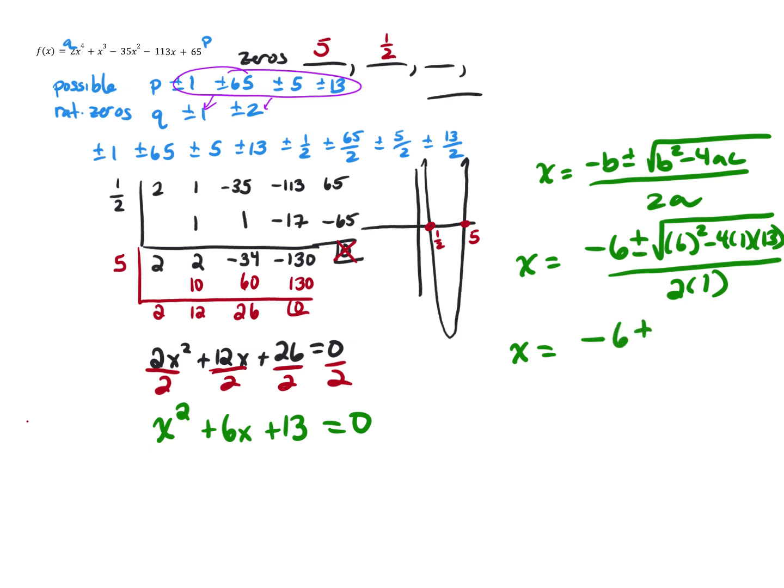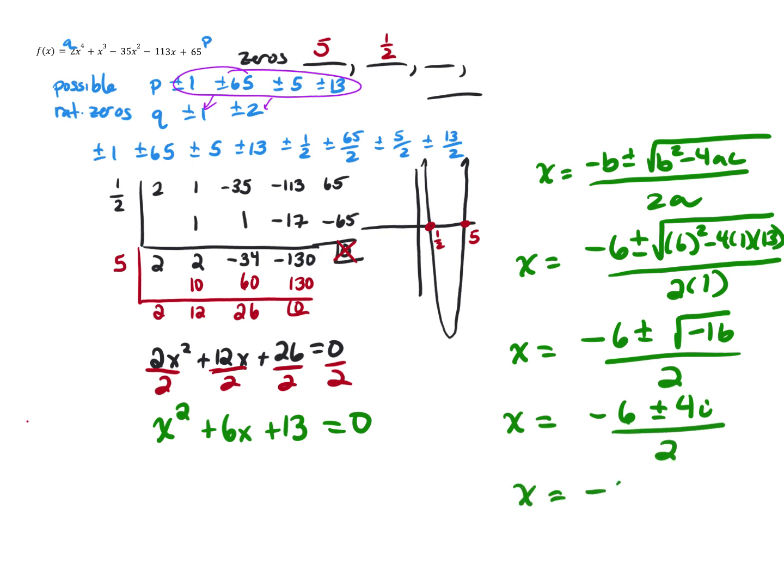So negative 6 plus or minus the square root of negative 16, over 2. So the square root of negative 16 is 4i, because the square root of 16 is 4. And then just like last time, just divide them both by 2. So negative 3 plus or minus 2i. So we got negative 3 plus 2i, and negative 3 minus 2i.